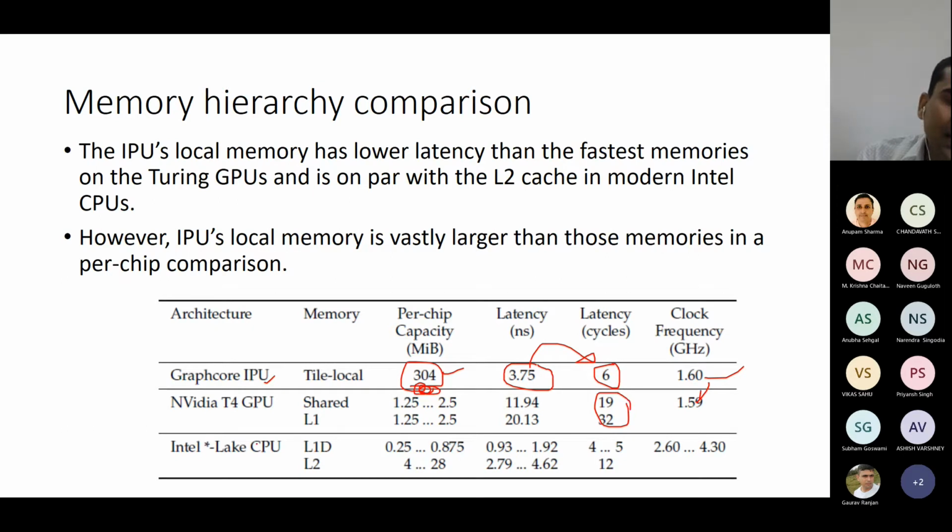Now because CPU is designed for minimizing the latency, on CPU the latencies are very low. So the whole point is this latency compares with this latency. This latency is like 5 cycles here. This is 6 cycles here. That is comparable. So that means Graphcore IPU local memory can be accessed very fast, just like L1 cache of CPU.